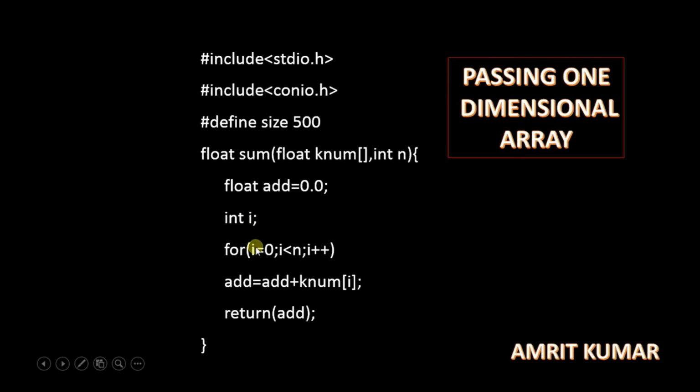Then with the help of a for loop, you can see that I am initializing i equal to 0, and the condition is i less than n. If this condition is true, then the loop body is going to execute.